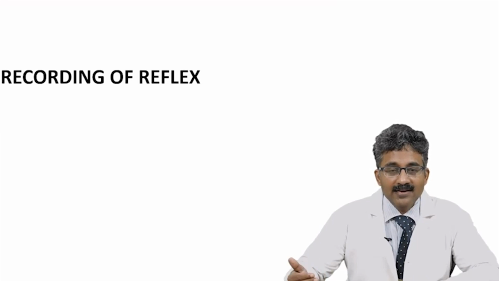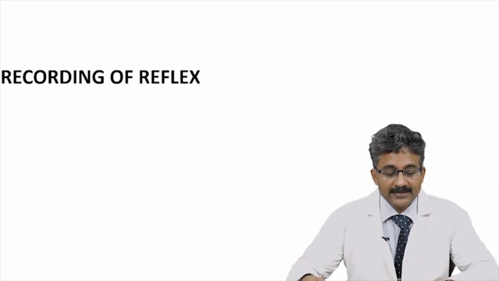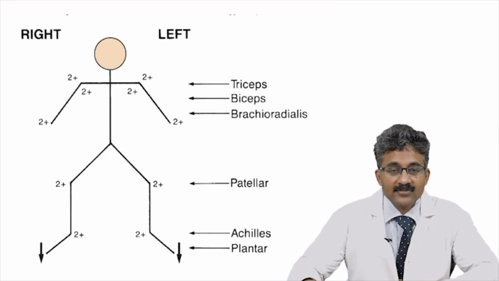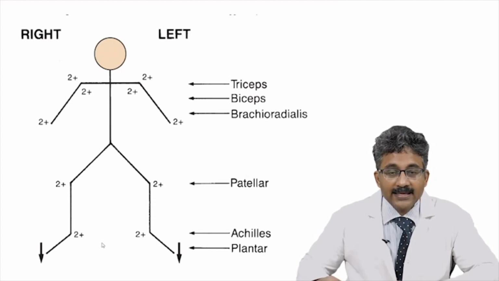So after examining the reflexes, how will you record the reflexes in your case sheet, students? I will show a method given in Dijon. This is the method, right side and left side. So triceps, biceps, brachioradialis, you can record if it is 2 plus, 2 plus like that, patellar, ankle.